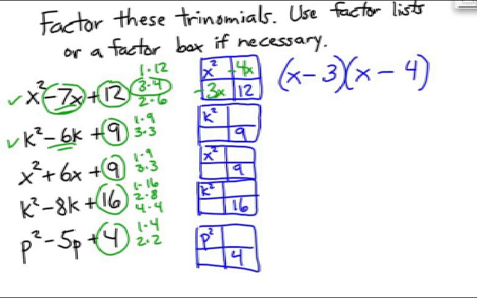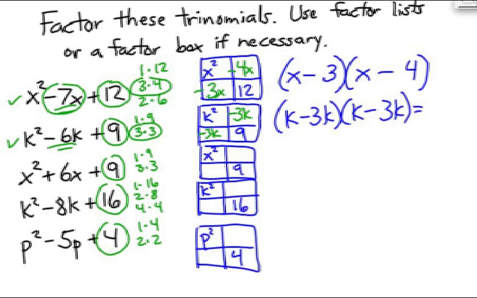And the only way I can get a negative 6 to show up is if those 3's are both there and they're both negative. So how about negative 3k in one place and another negative 3k in another? Which gives me my final answer of k minus 3 and k minus 3. Another way to write that is k minus 3 quantity squared. That's a perfect square trinomial.